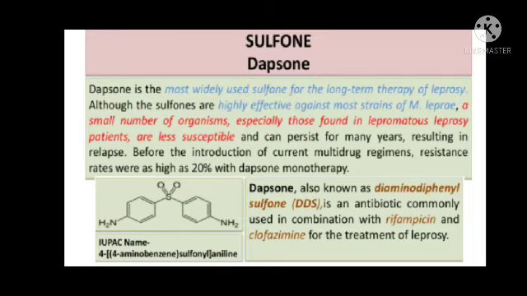Dapsone is a major drug used for the treatment of leprosy. Dapsone is the most widely used drug for long-term treatment of leprosy. Although sulfones are highly effective against most strains of Mycobacterium leprae, a small number of molecules, especially those found in lepromatous leprosy patients, are less susceptible and can persist for many years, resulting in relapse.